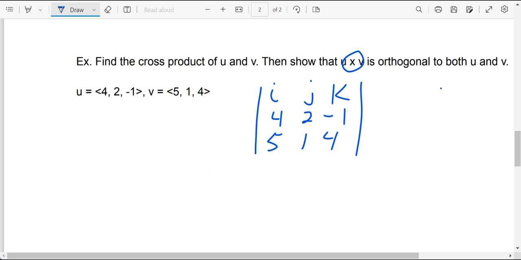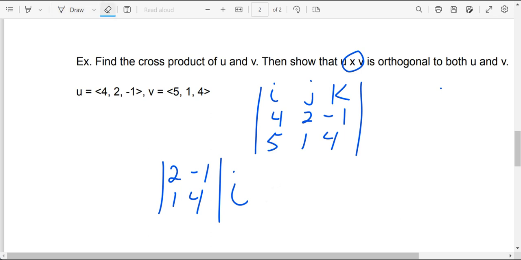So I set it up like this. If I am finding the first value of our vector, of course, it is i. I'm going to ignore column i. I'm going to write 2, negative 1, 1, 4. And next, now the formula, be careful, because I just almost made the same mistake.